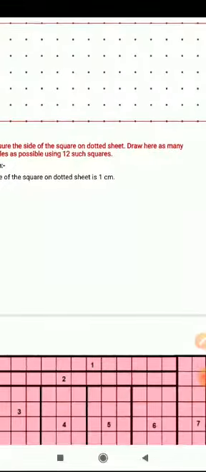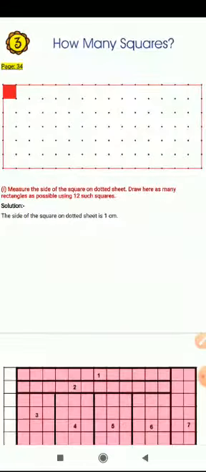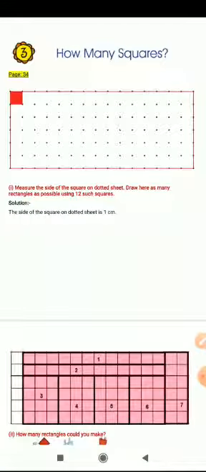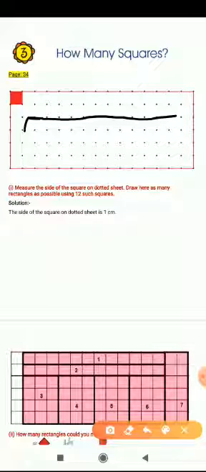I am zooming the screen so you can see properly. Now I am trying to draw this rectangle. My line is not proper. Whenever you use ruler, then your line will be exact straight.